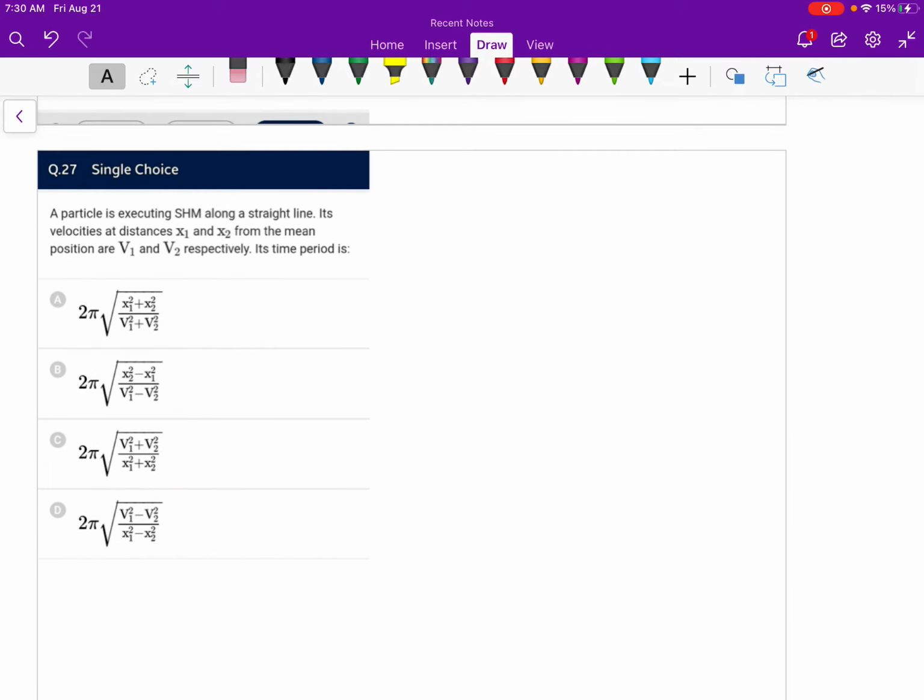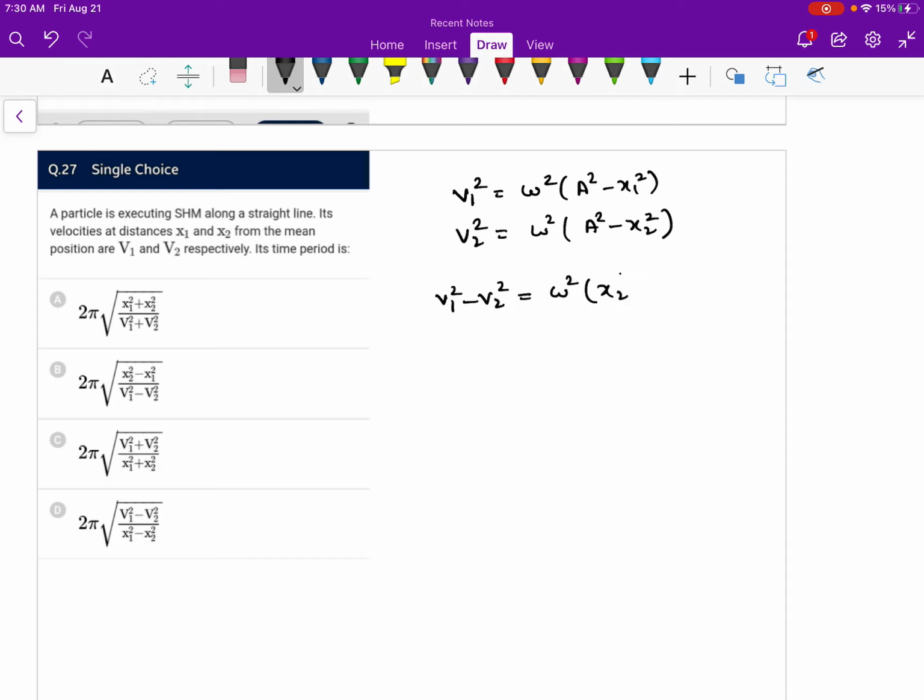A particle is executing SHM along a straight line. Its velocities at distances x1, x2 are v1 and v2. So v1 square is omega square a square minus x1 square, and v2 square is omega square a square minus x2 square. So subtract these two. So v1 square minus v2 square is omega square into x2 square minus x1 square.